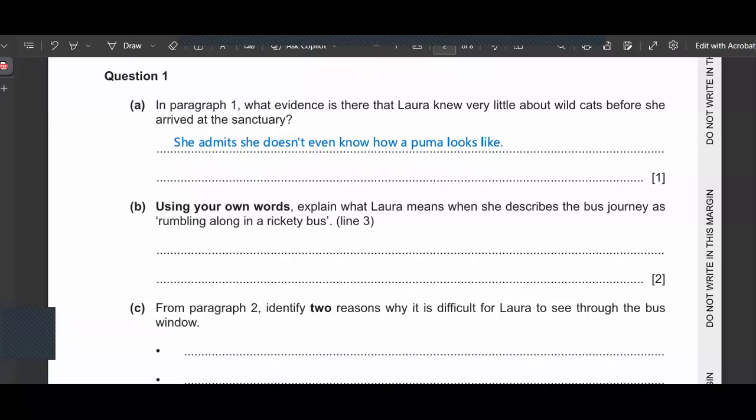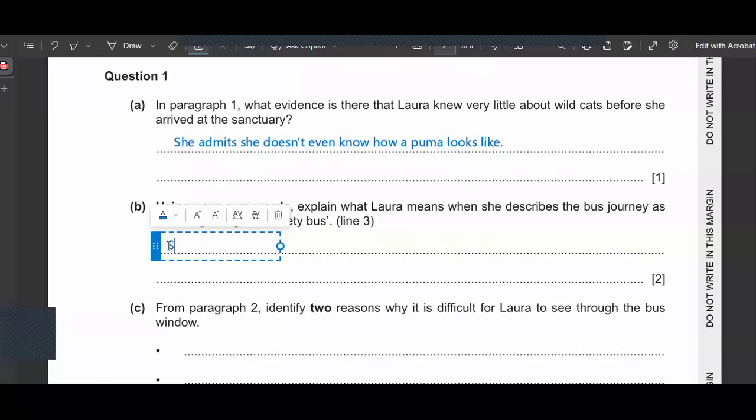And as far as the actual meaning of rickety is concerned, it is some sort of unsteady or shaky, or you can say weak, likely to collapse or break, like something which is standing in front of you looking very old, and it makes you feel like as soon as you step into it or use it, it is going to break down into pieces. So both of these words are basically used to describe the old structure of the bus. So as we are supposed to answer by using our own words, that means we are not going to use the word rumbling and repeat it again.